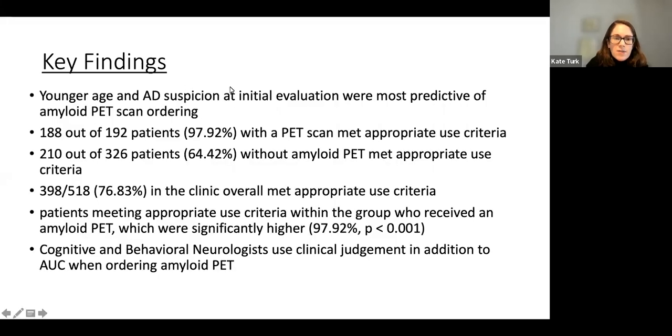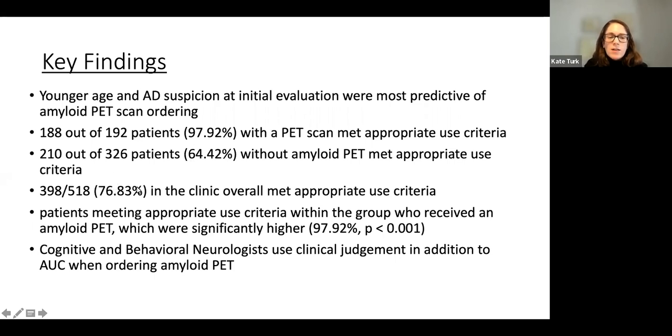So just summarizing the findings from this first study. Younger patients and those that we suspected of Alzheimer's disease at the initial evaluation, these two features were the most predictive of amyloid PET scan ordering. The vast majority of those patients who received an amyloid PET scan met appropriate use criteria. And there was also a majority, almost 64% of those who didn't get an amyloid PET scan could have met criteria for one.